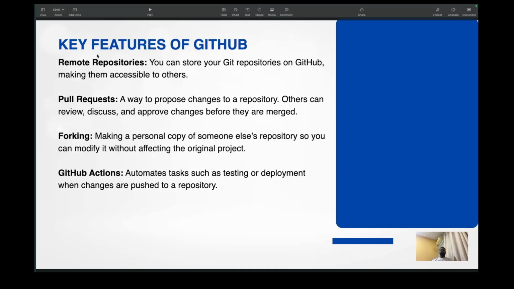And then we also have forking. I mentioned forking earlier. You make a personal copy of someone else's repository so you can modify it without affecting the original project. And then finally, GitHub Actions. GitHub Actions automate tasks such as testing or deployment when changes are pushed to a repository.